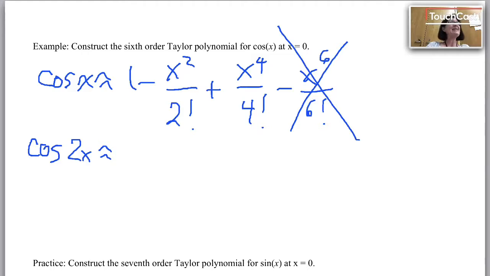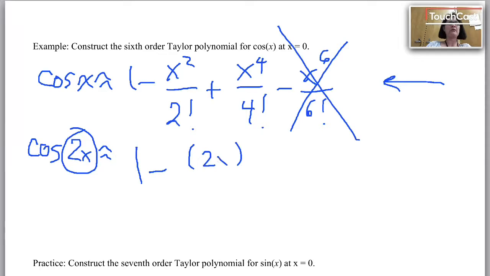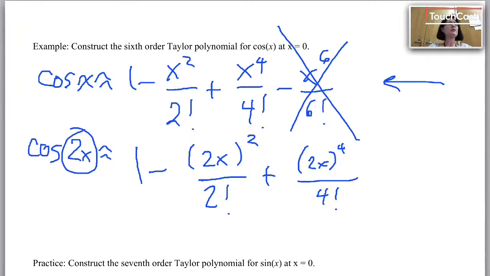And everywhere I see x in this polynomial, I'm going to replace it with 2x. I could choose to simplify or not. So this is going to be 1 minus, instead of x squared, 2x squared over 2 factorial plus 2x to the 4th over 4 factorial.